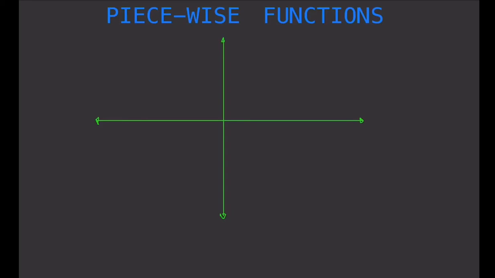So in one interval, the function might look like this one, right? But then after that, it goes like this, or it goes like that, and then after that you have something like this. And this is a function because if you test it using the vertical line test, you'll see that it actually is a function. But it's special in the sense that, as I've said, at some intervals the function behaves differently.